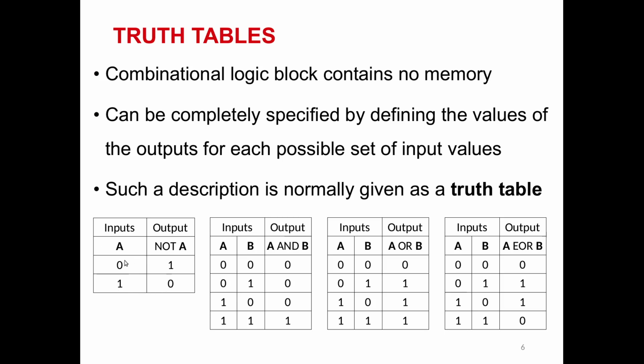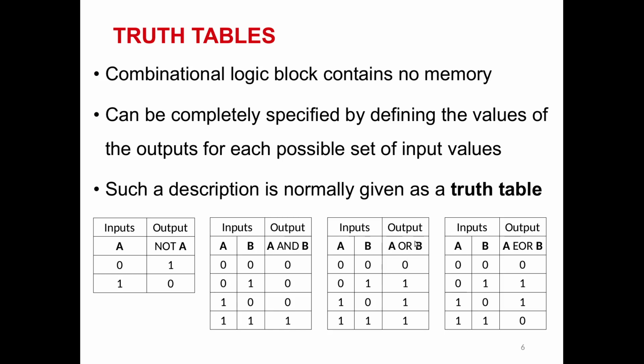So input A with NOT A will be the inverse of A. For the AND function, A and B will be 0 if either A or B is false, and it will be 1 when both A and B are true. Only in that case will the output of A and B be 1.